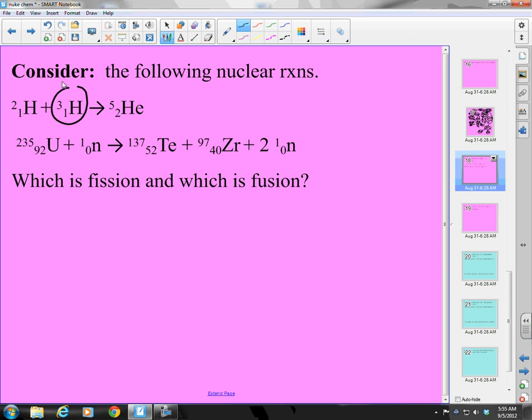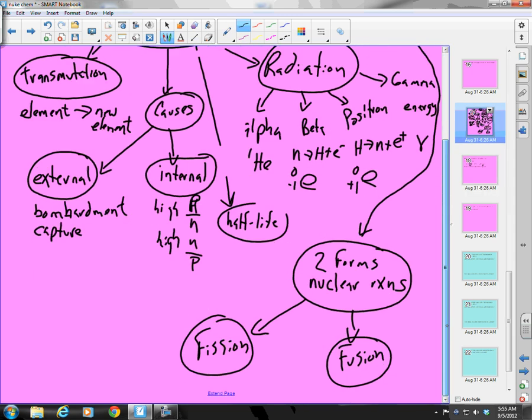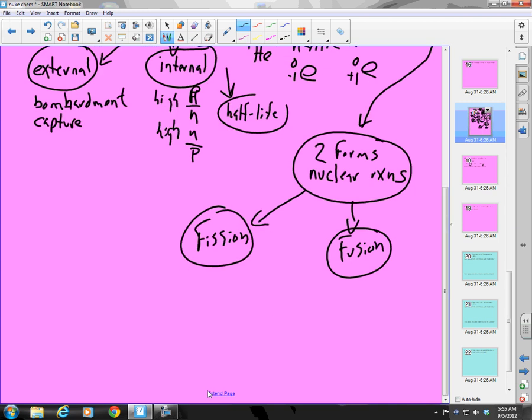And then consider uranium 235 bombarded by a neutron, and it makes tellurium 137 and zirconium 97 and creates two more neutrons. Which of these is fission, which is fusion? So we have to understand then what is fission and what is fusion. Good. Two types of nuclear equations.